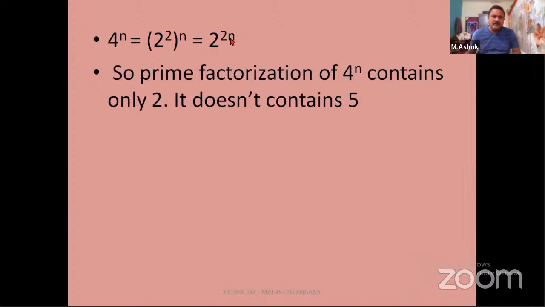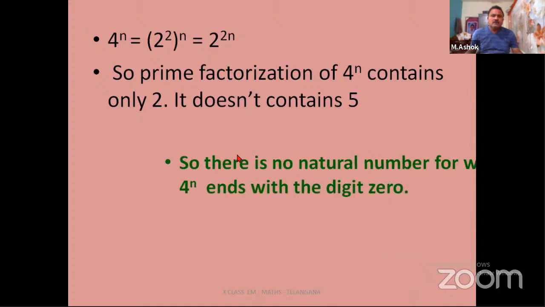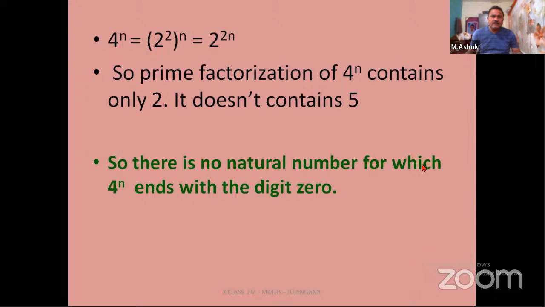For any value of n, if you write the prime factorization, it contains only 2. It doesn't contain 5. In the previous example, we have seen that any number that ends with 0 must contain 2 and 5 in its prime factorization. Here only 2. So there is no natural number for which 4 to the power of n ends with the digit 0.